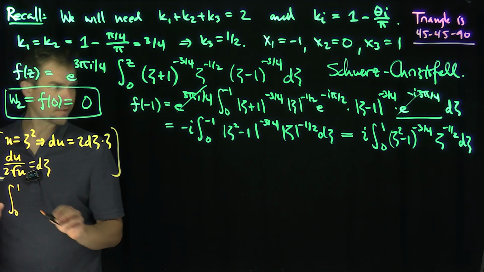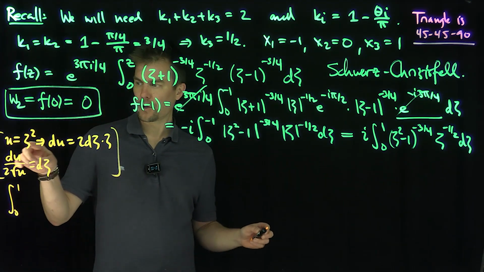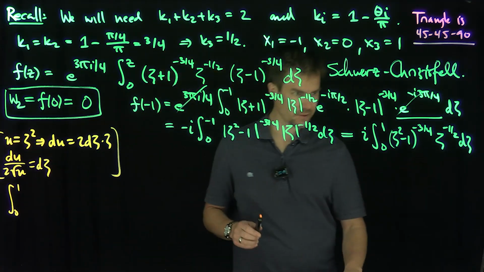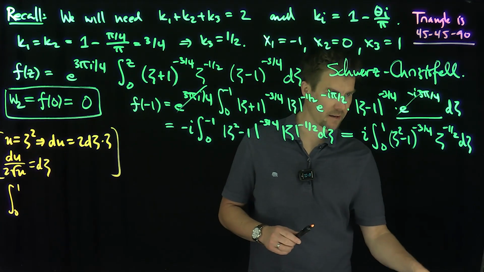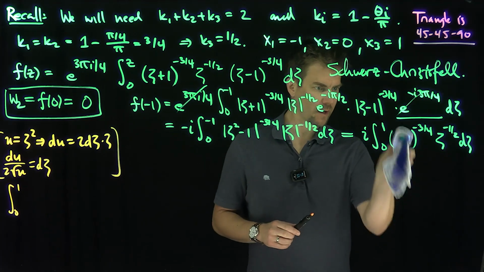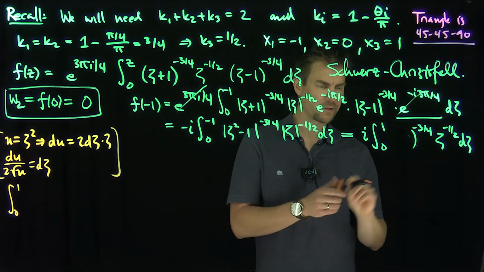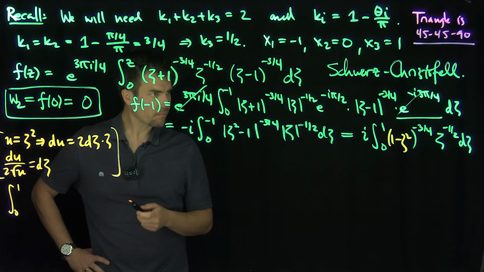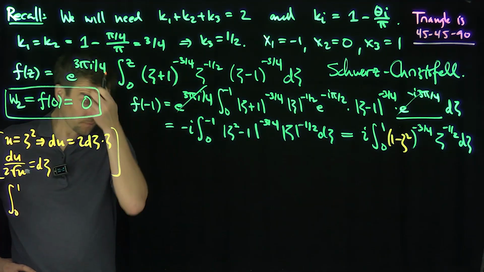The limits don't change. This is not quite correct because this is going to be negative, so I need a 1 minus zeta squared over here. Okay, that's much better. Now it makes sense.